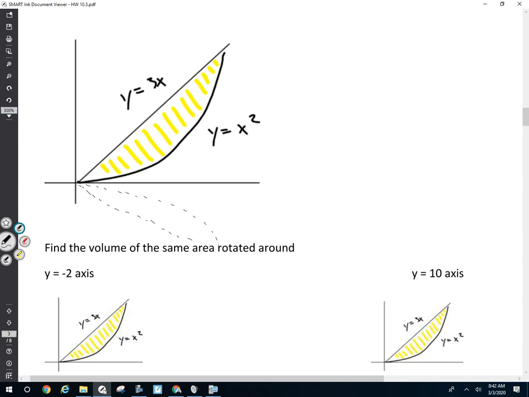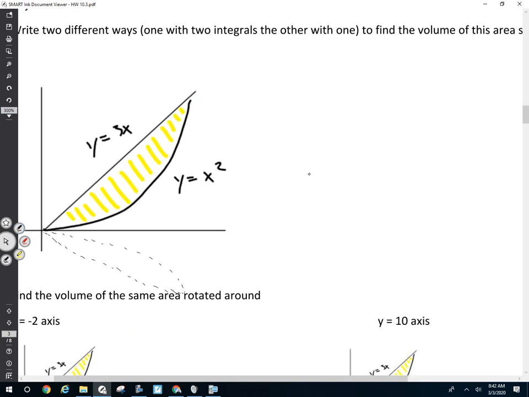Here is the region reflected, okay? Now, to find the volume of this entire spun object, we realize we have some negative space here, like a hole. What we need to do is find the volume of everything, and then subtract the volume of the hole.